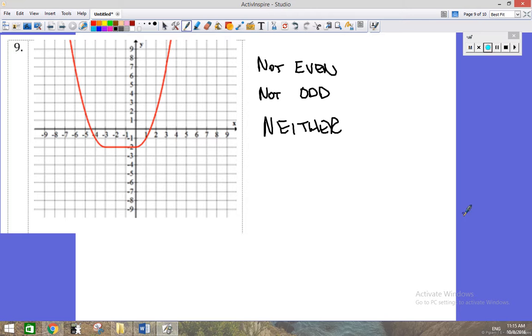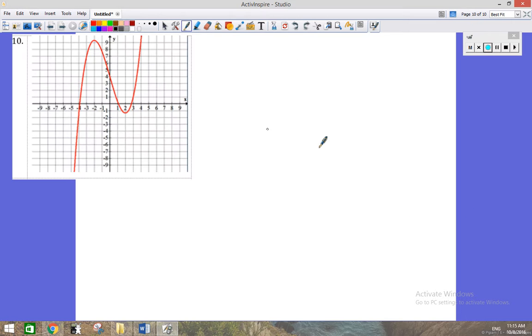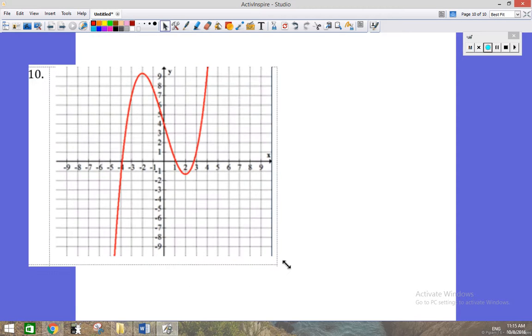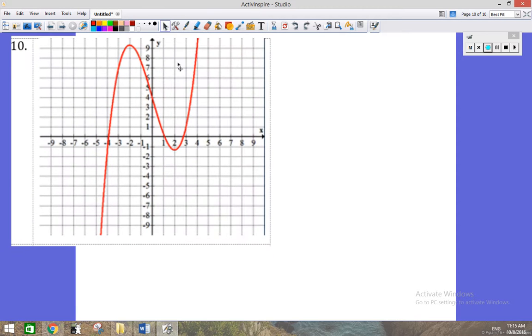Alright, so let's take a look at the next one, problem number 10. We'll try to use the same colors and be as consistent as I can. The edge of the graph indicates a pattern that we can put arrows there.